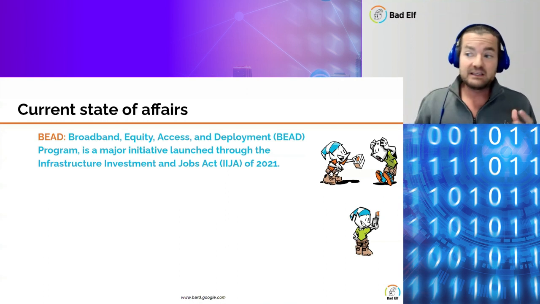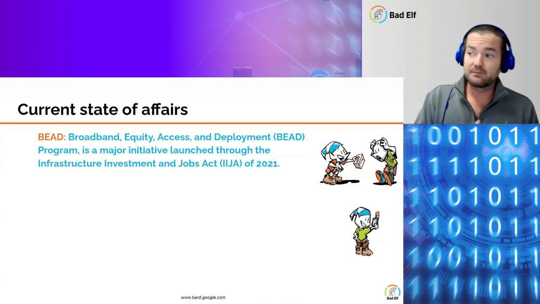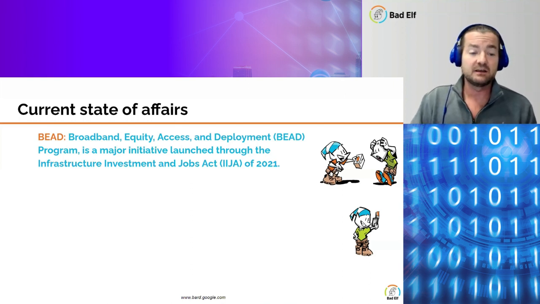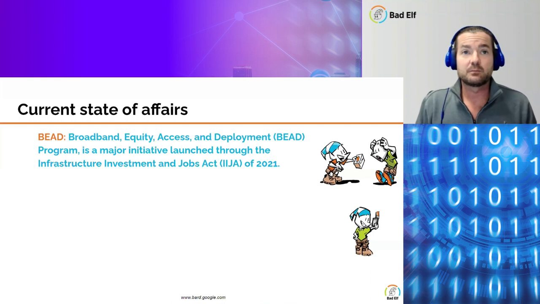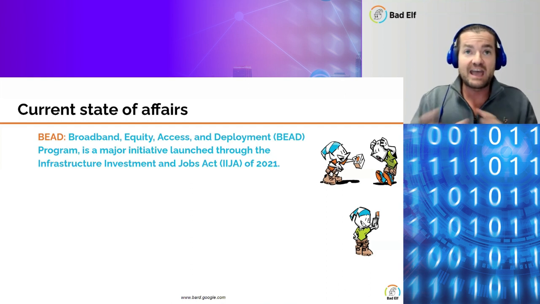We mentioned BEAD earlier. Also, as I said, Catherine mentioned it as well. This is important. BEAD, the Broadband Equity Access and Deployment Program, is a major initiative launched through the Infrastructure Investment and Jobs Act. Again, everybody in America, it's now been decided, needs to have internet access. This is a huge gap in the market.